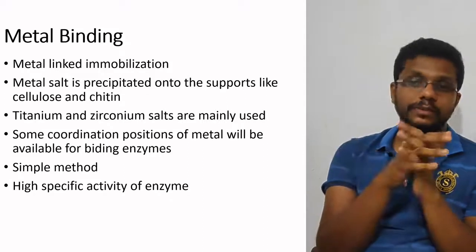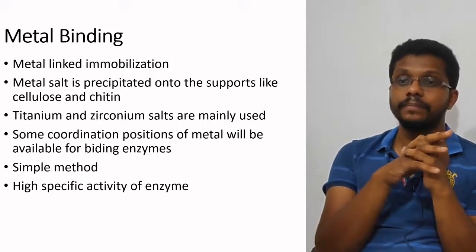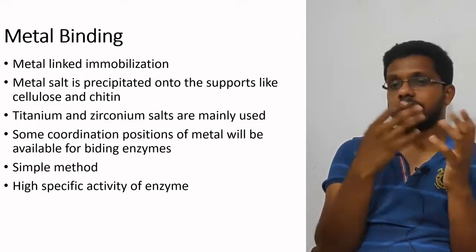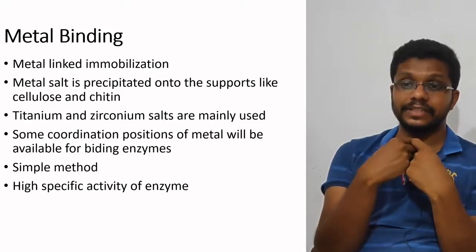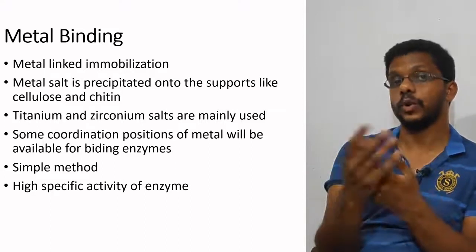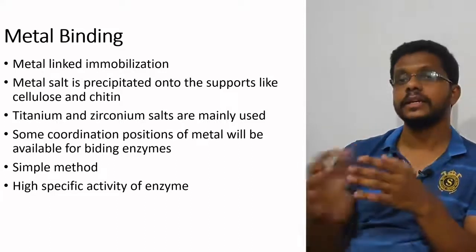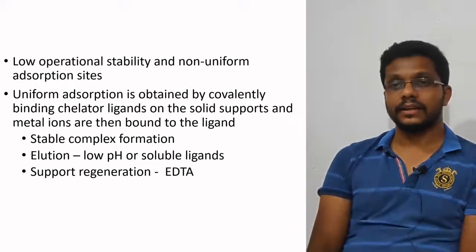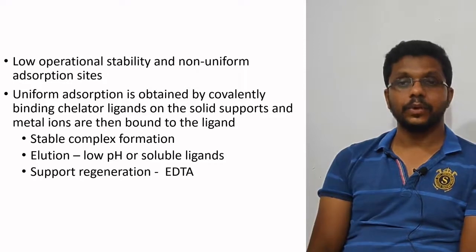The most commonly used metal salts are titanium and zirconium. It's a simple method. A high specific activity of the enzyme can be supported because there is no covalent bond between the enzyme and the support, but the downside is low operational stability and non-uniform adsorption.